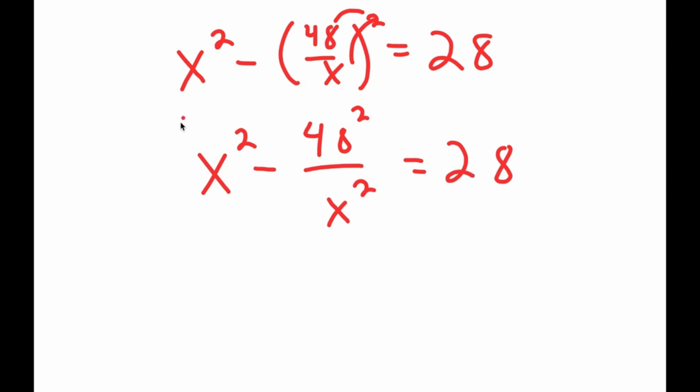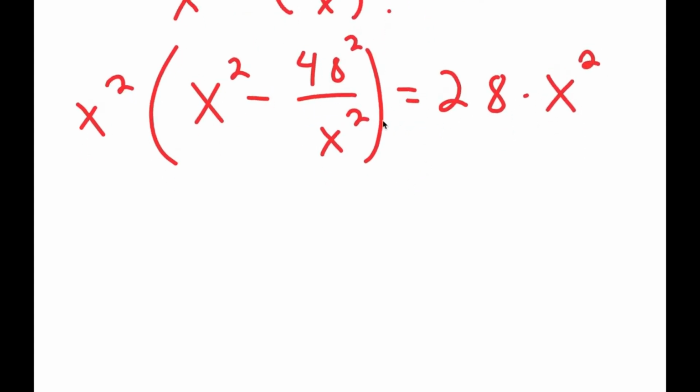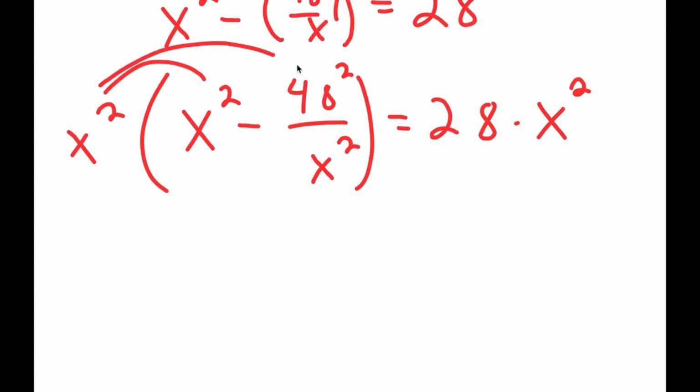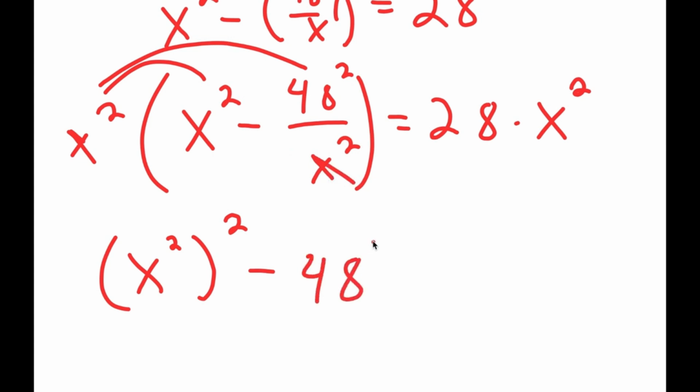Now I'm going to multiply both sides by x squared. For my left-hand side, I have to distribute the x squared. x squared times x squared is x squared squared, or x squared to the power of 2. Now I have this minus 48 squared over x squared times x squared. These two x squared cancel out, so I just get 48 squared.